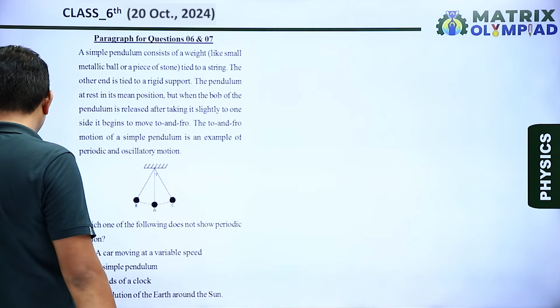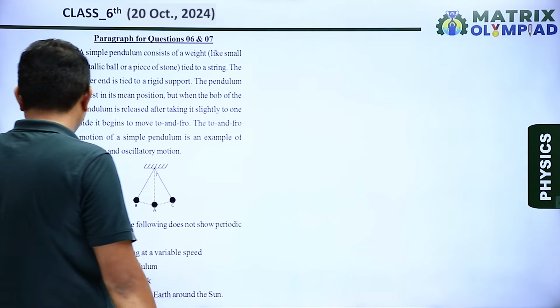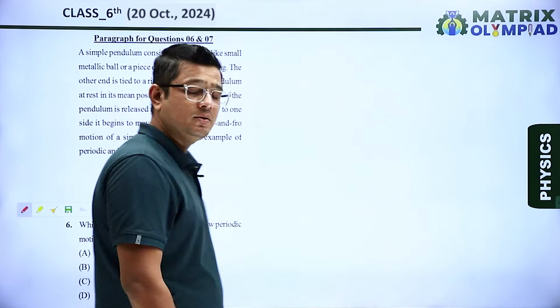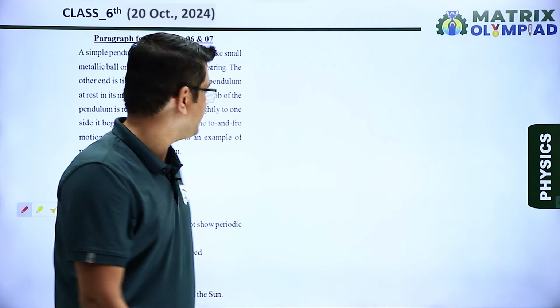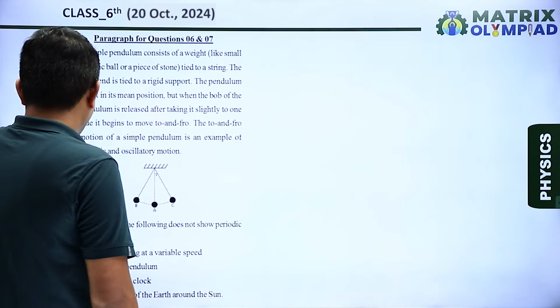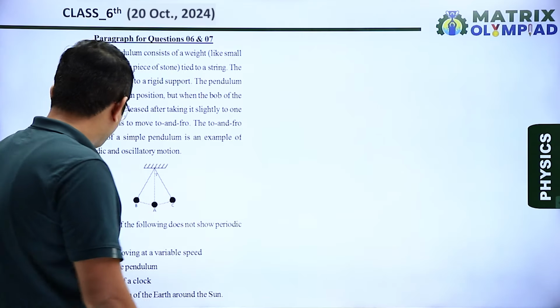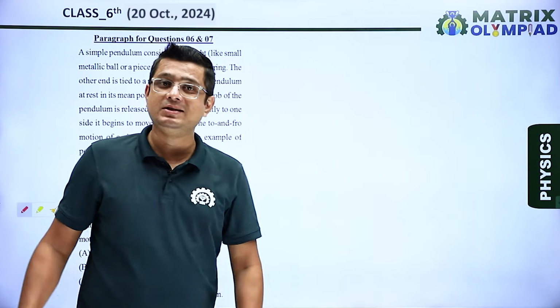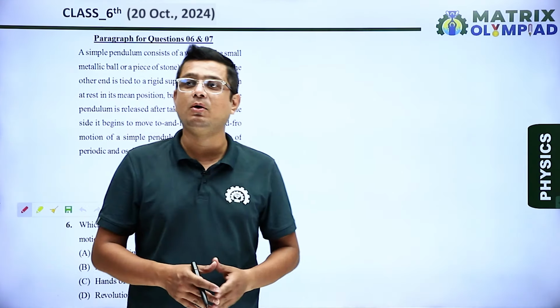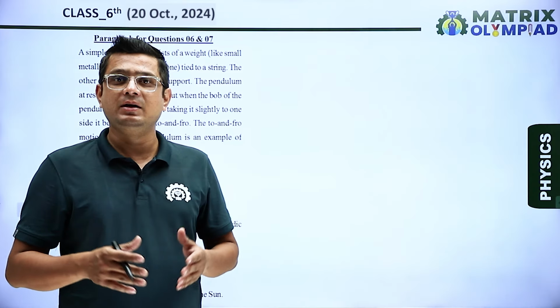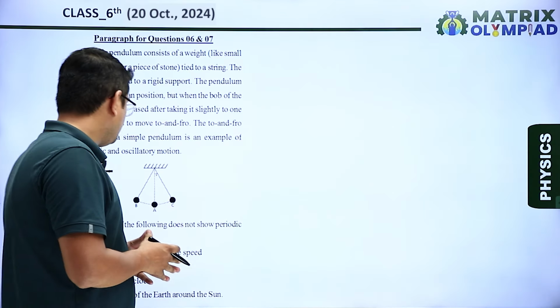Next question is based on a paragraph. There is a paragraph given on the basis of which we have to answer question number 6 and question number 7. Which of the following does not show periodic motion? As we know, the motion of a body which repeats itself in a fixed time interval is called periodic motion.